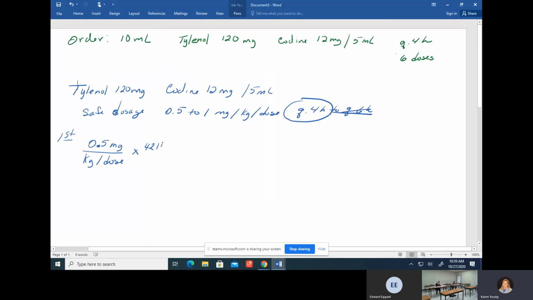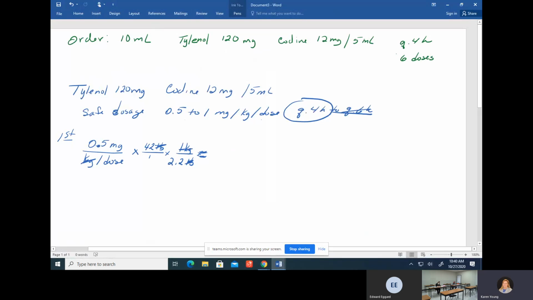Times 42 pounds times the 1 kilogram per 2.2 pounds. Now, this was all per dose, right? Do I have to convert it to 6 doses? No, I don't have to do this. I can just put in equals here because I'm already in per dose. So my kilograms cancel, my pounds cancel, and I'm left with milligrams per dose.